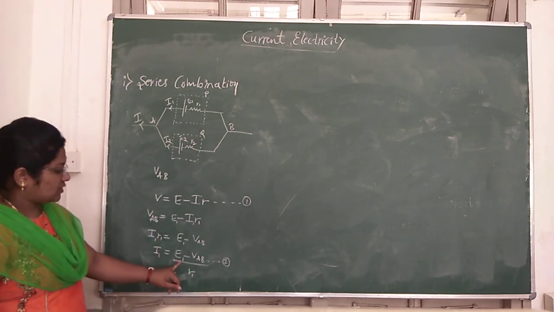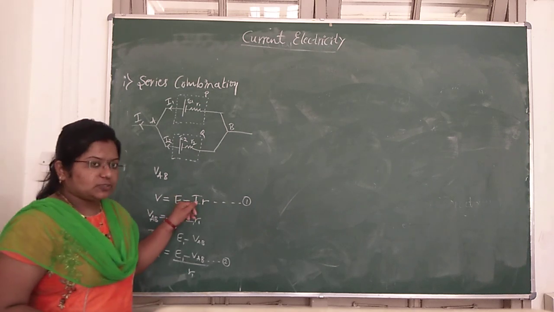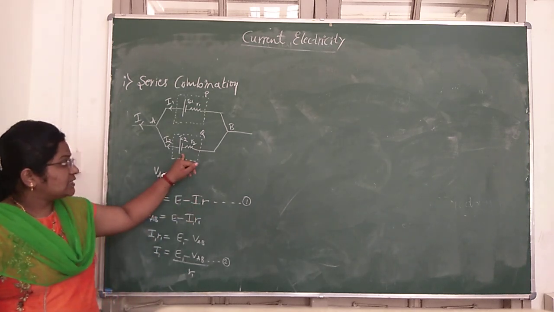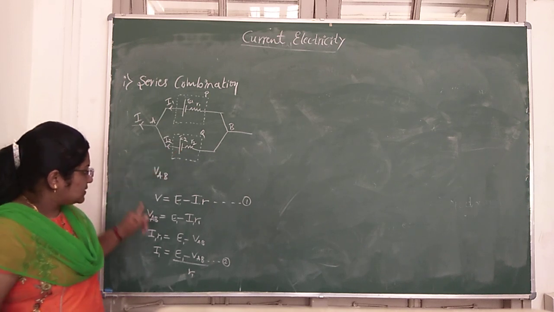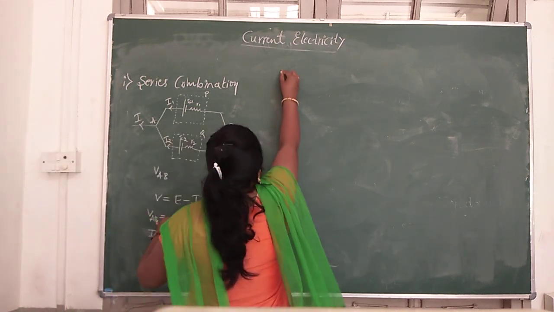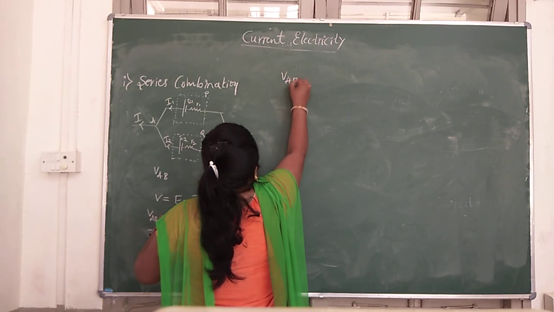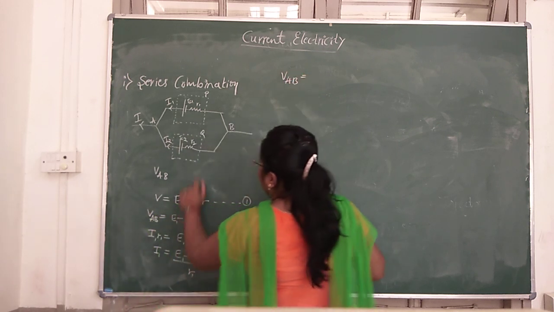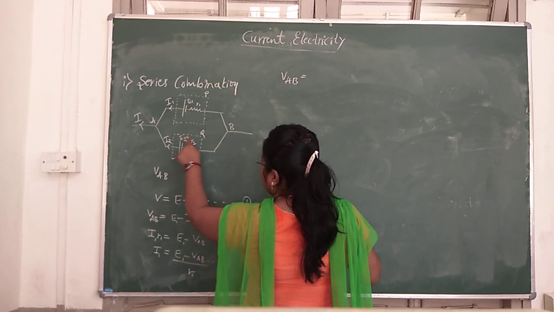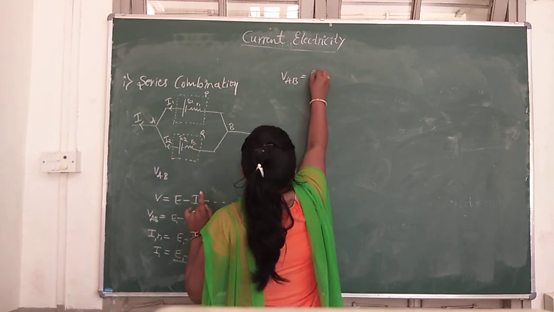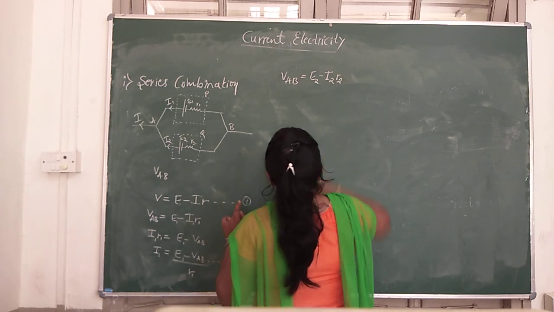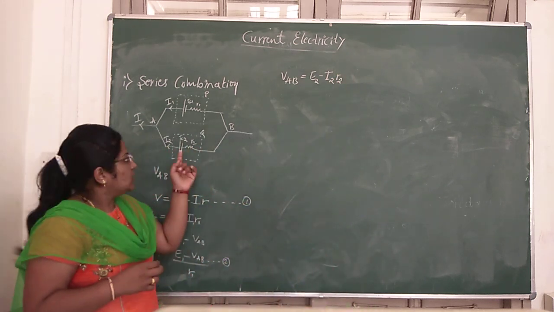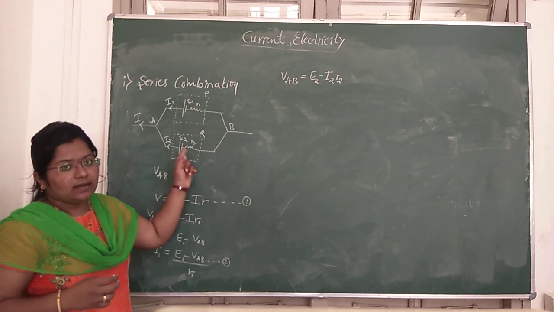The same expression you apply for this cell also. So what happens when you apply to this cell? VAB equal to E2 minus I2 R2. I am applying this for the cell Q.